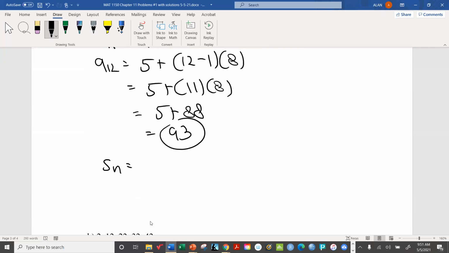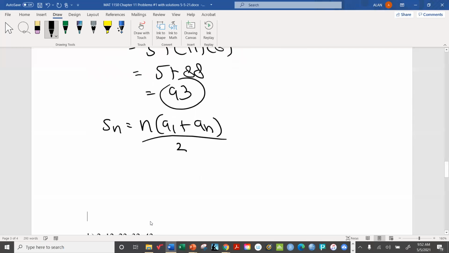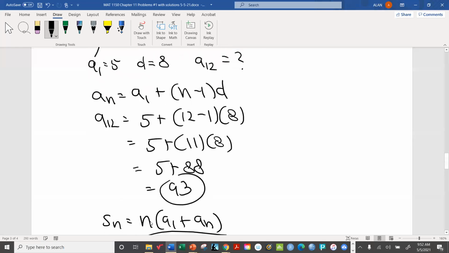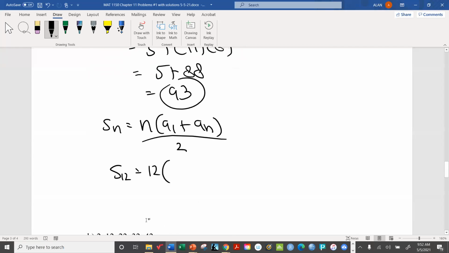We have Sn equals n times A1 plus An over 2. So if we recall, A1 was equal to 5 from way back there. And then the number we just calculated, 93.